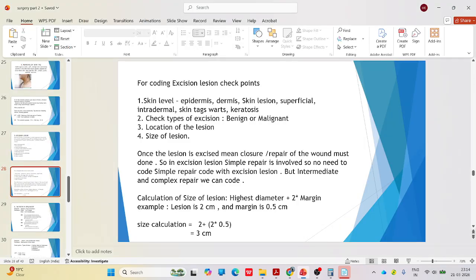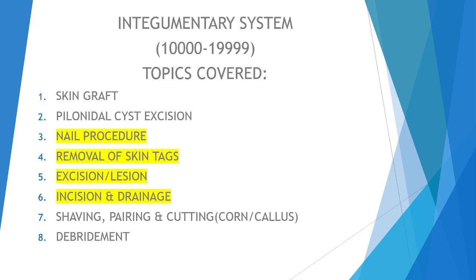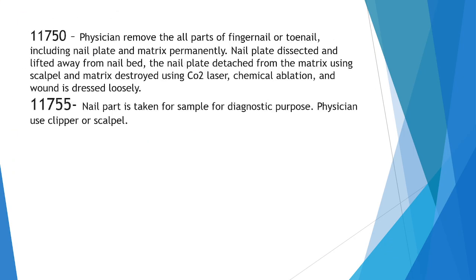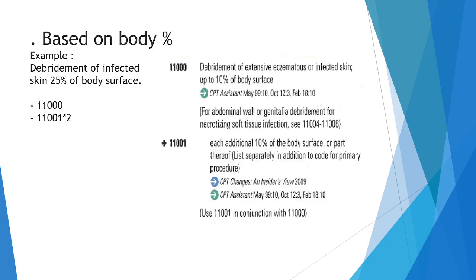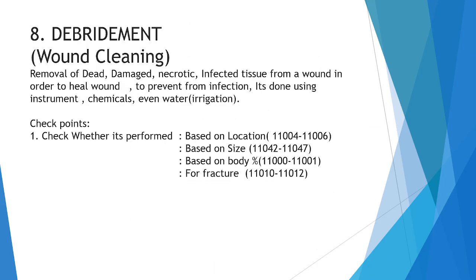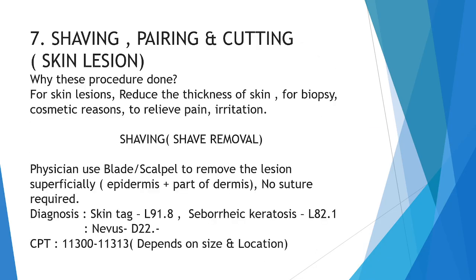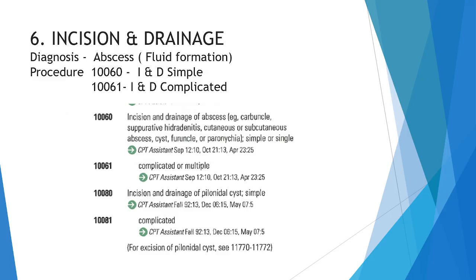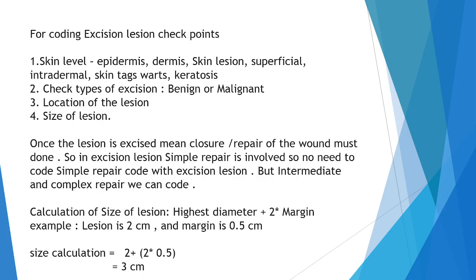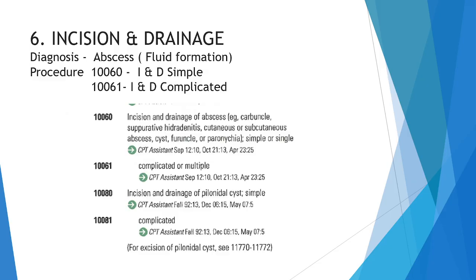Okay. So now coming to the next after the excision of lesion: incision and drainage. So what is incision and drainage? Incision and drainage is a procedure where the diagnosis is abscess, fluid formation is there.